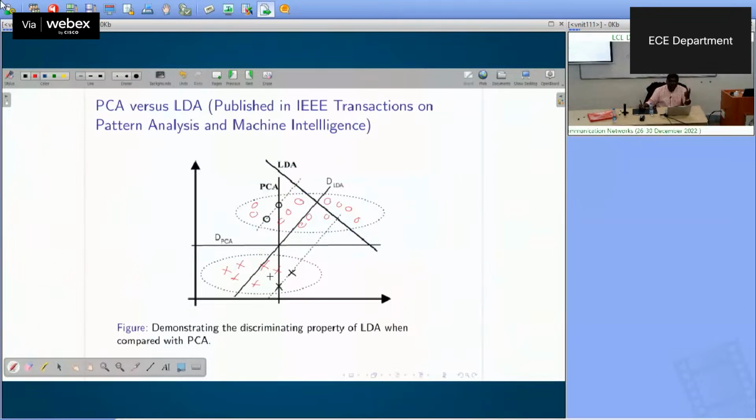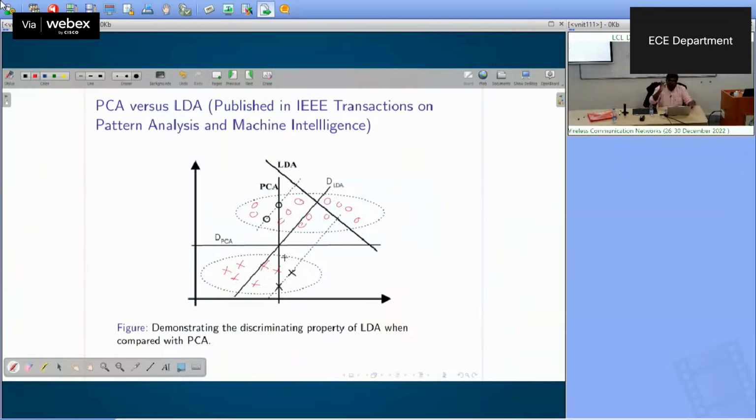But we have only 2 circles and 2 crosses given to us. The data is very limited. If I have more circles and more crosses, then LDA does the job nicely. But when I have only 2 circles and 2 crosses like this, LDA sometimes misguides, and the classes overlap.